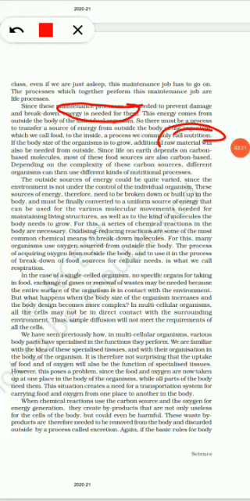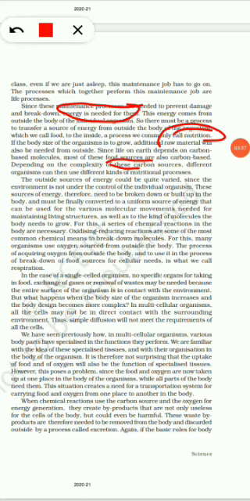Since life on earth depends on carbon based molecules, most of the food sources are also carbon based molecules. Depending on the complexity of the carbon source, different organisms can then use different kinds of nutritional process.